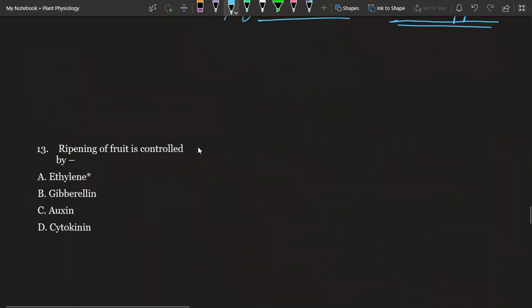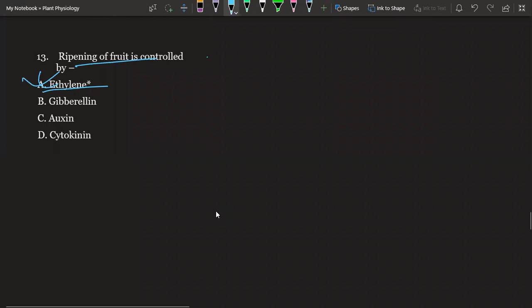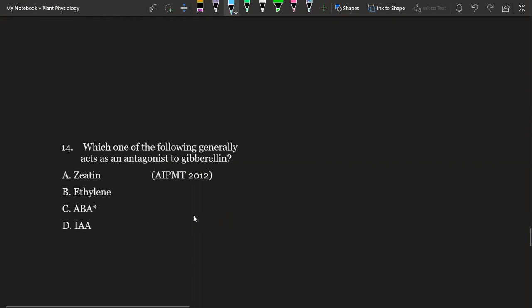Okay. Next one, ripening of the fruit is controlled by ethylene. Now, which of the following generally acts as an antagonist to gibberellin? This is another hormone, which is known as abscisic acid.